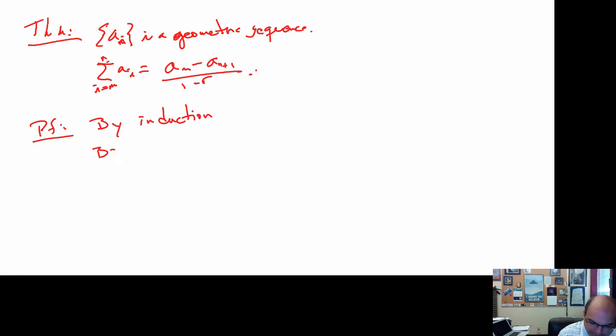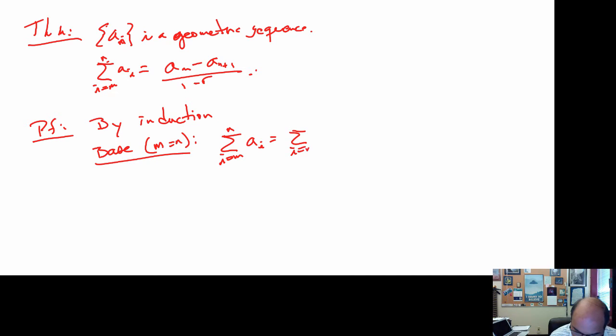So the base case is when m is actually equal to n. And let's see what happens in this case. What we have is the sum from i equals m to n of a sub i. Well, that's actually just the same as the sum from i equals m to m of a sub i, because m is equal to n, and that's actually just a sub m, right? Period.